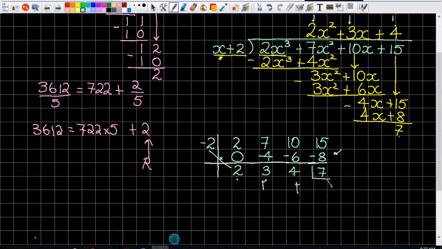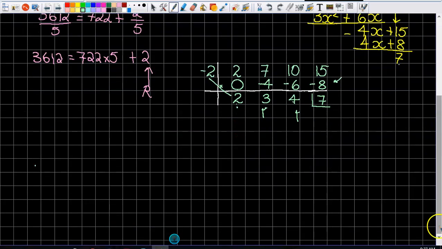Kel, if my remainder wasn't 7, if it was 0, what would we say about x plus 2 or about minus 2? If instead of being 7, that was 0, what would we say about this? We'd say, when you're putting it through, you have no remainder.